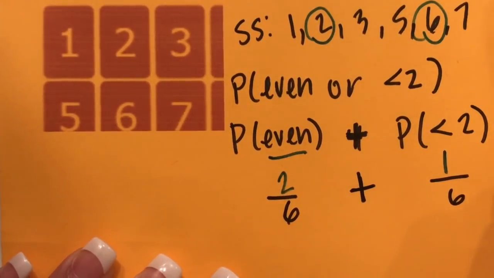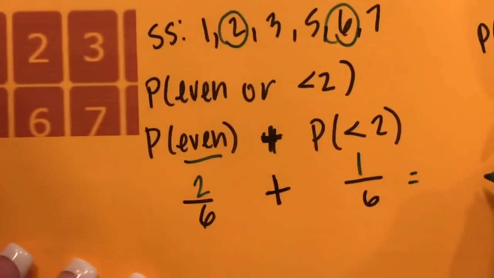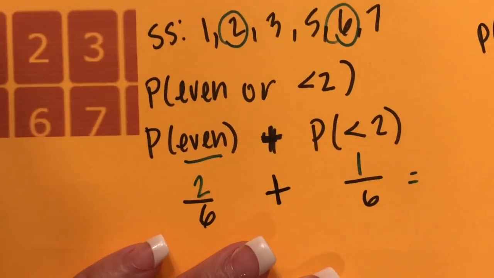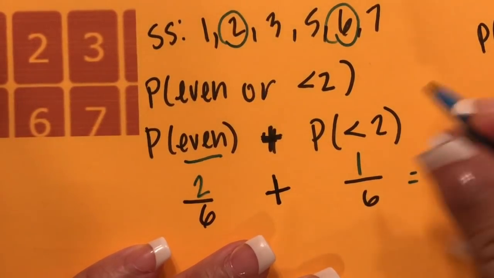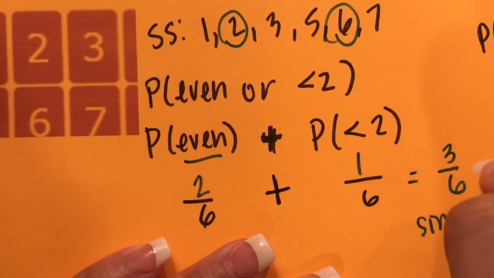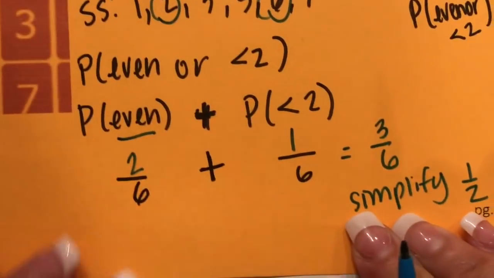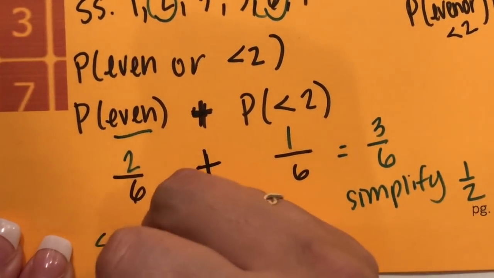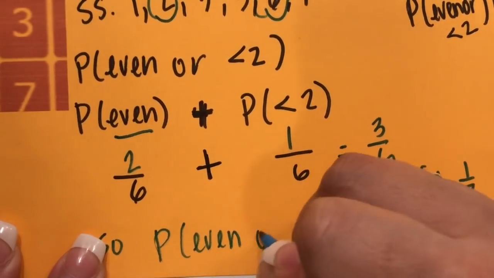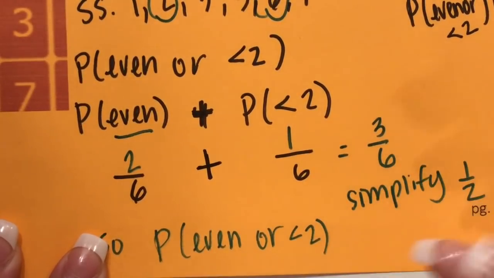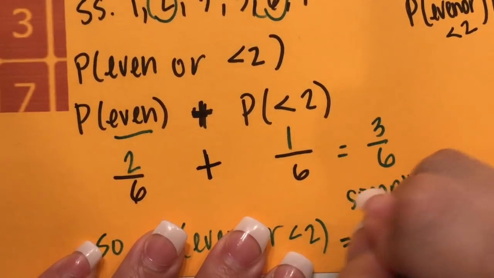When I add these, I get 3 out of 6, and when I simplify, I get 1/2. So the probability of even or less than 2 equals 1/2.